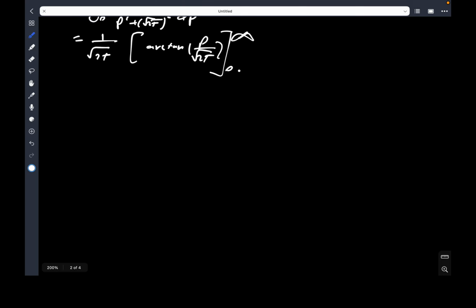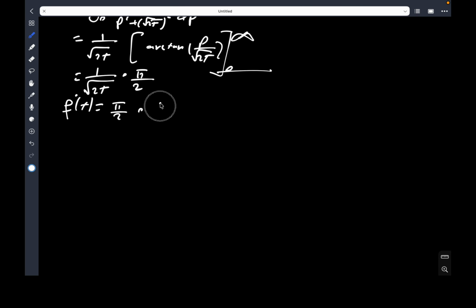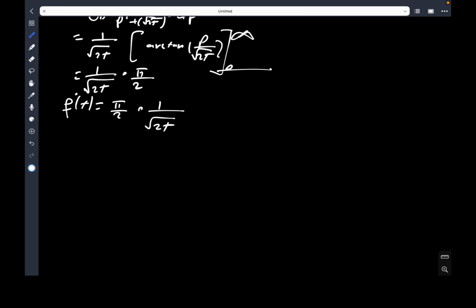If I put 0 here, it's going to be 0. So the arctan of infinity is pi over 2, giving pi over 2 root 2t. Thus my f prime of t is pi over 2 times 1 over root 2t.